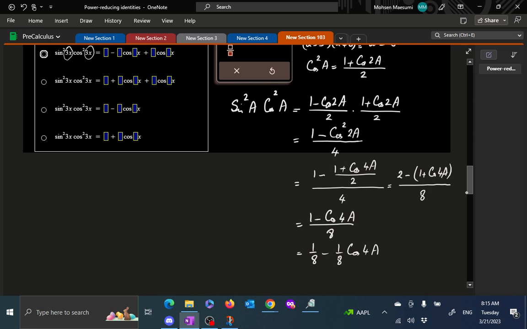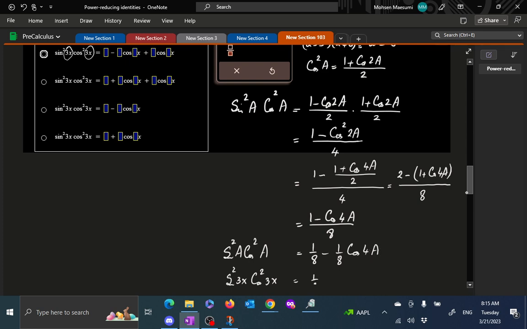So this is sine square of a cosine square of a. I don't have a, I have 3x. So if I have sine square of 3x cosine square of 3x, on the right hand side, instead of a, I also write 3x.